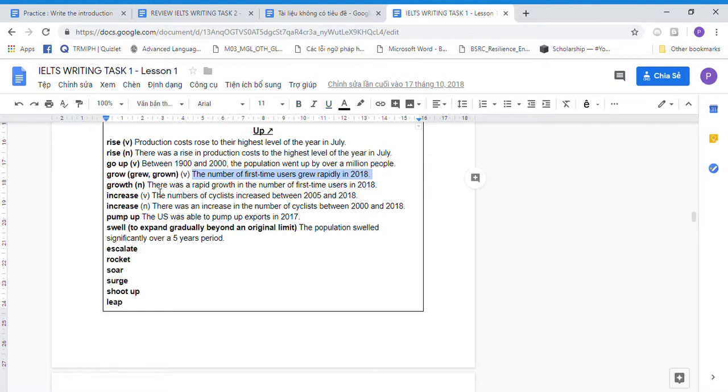Actually, there's already an example here. From the number of first-time users grew rapidly in 2018, we rewrite the sentence to there was a rapid growth in the number of first-time users in 2018.